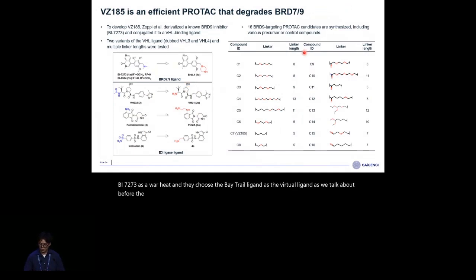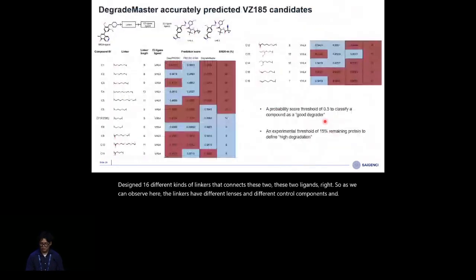The researchers designed 16 different kinds of linkers that connect these two ligands, right? So as we can observe here, the linkers have different lengths and different compositions, and the researchers conducted experiments on these 16 linkers.